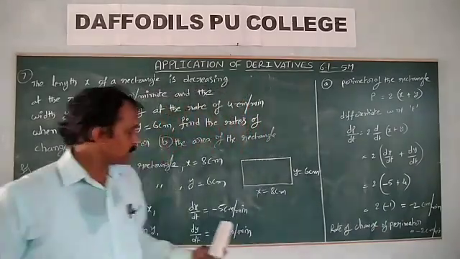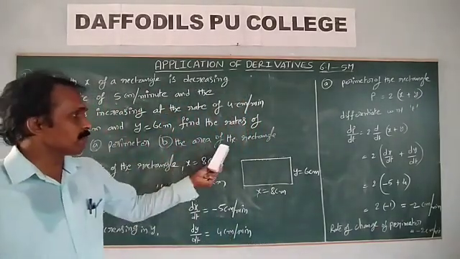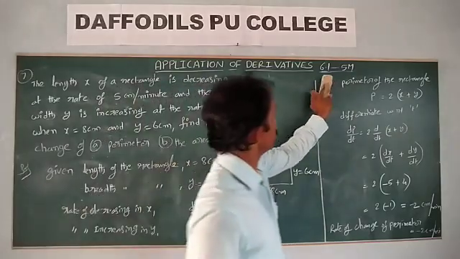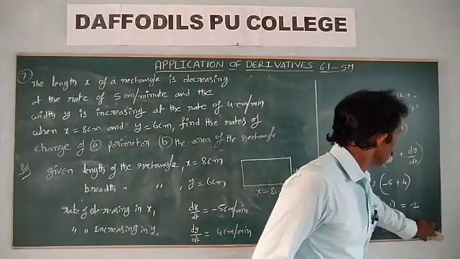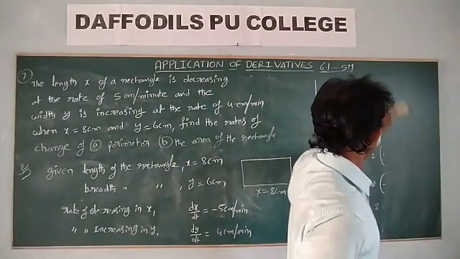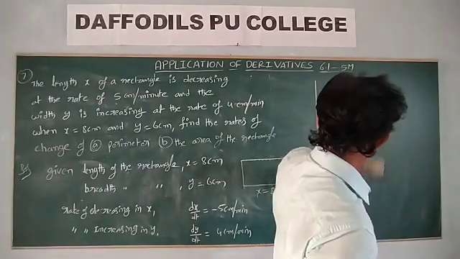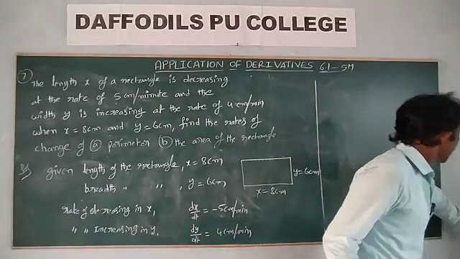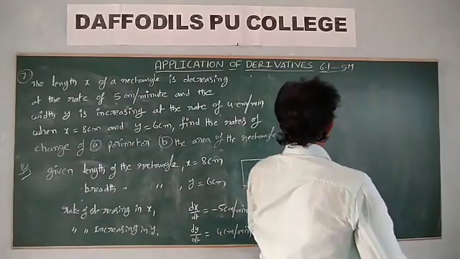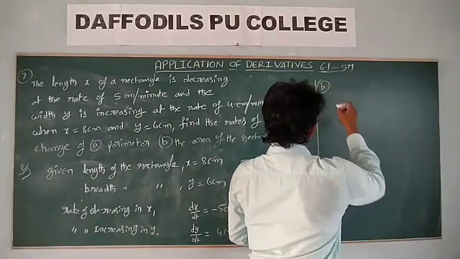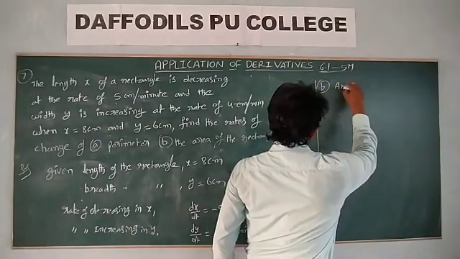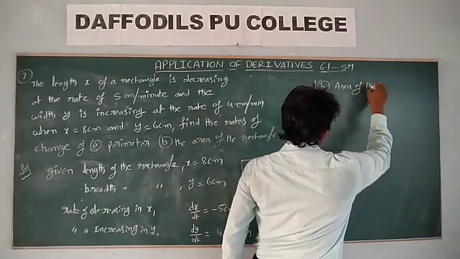Next, B bit. What is the B bit? Rate of change of area of the rectangle.